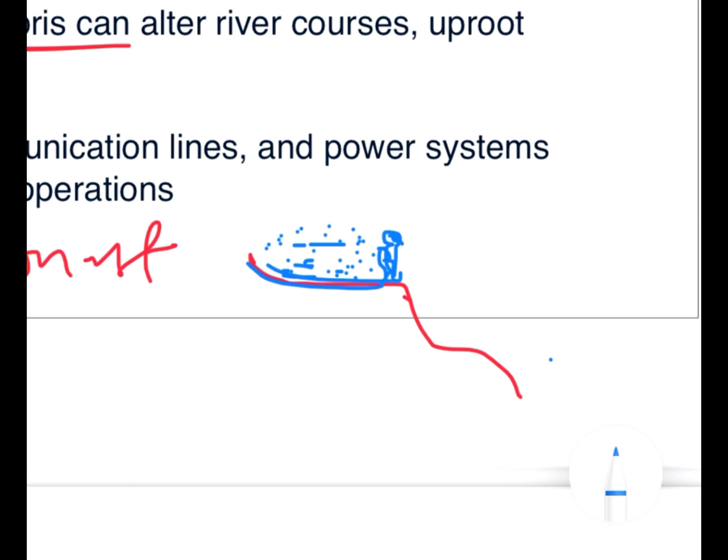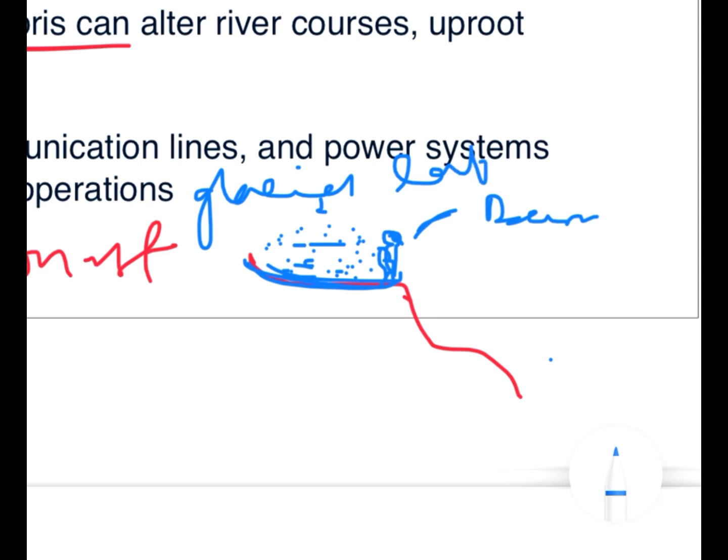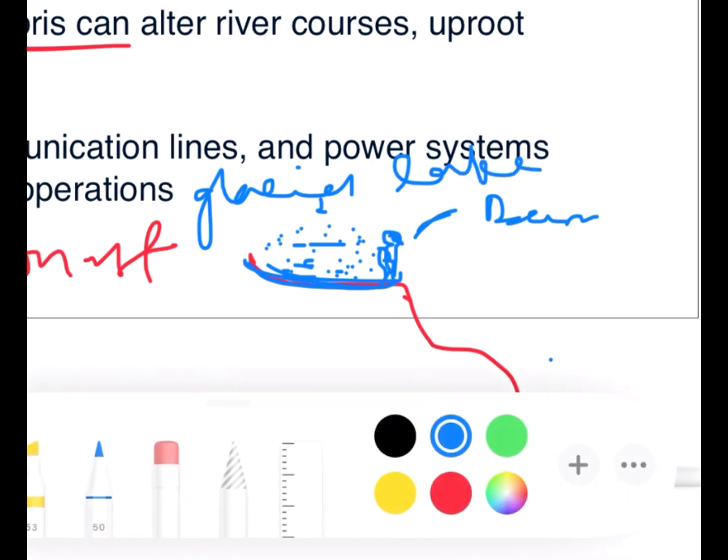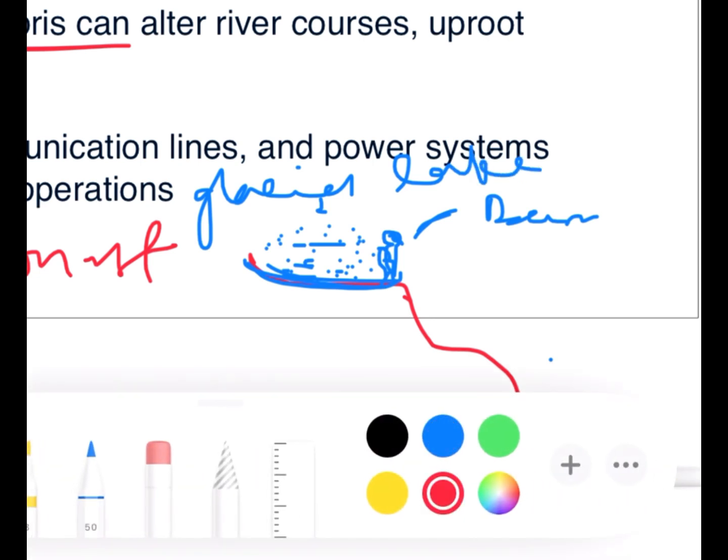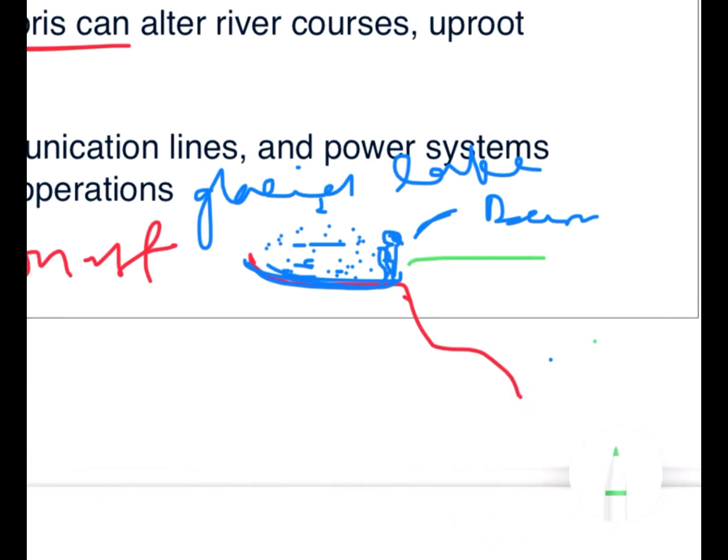Suppose here it is the glacier. This material is acting as a dam, and here is the glacial lake. But when a heavy downpour happens, this dam will break, and that will lead to flash floods and loss of life and property in the valleys.